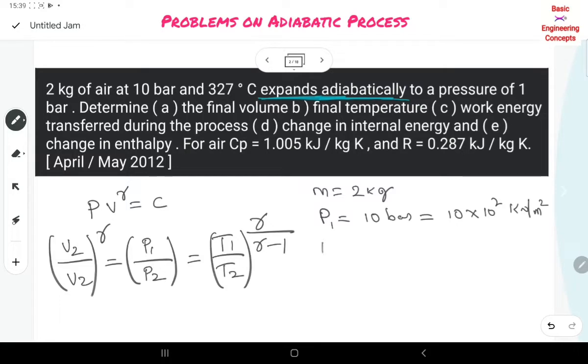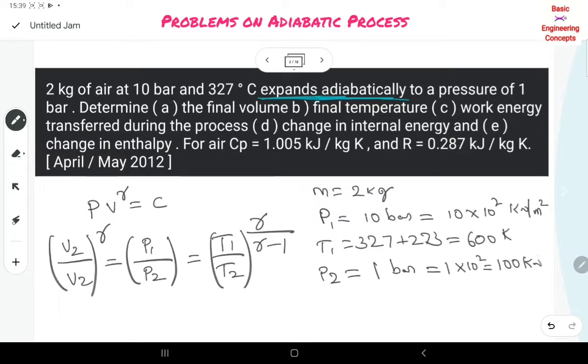Next, the temperature is 327 plus 273, that is 600 Kelvin. Next, the pressure is expanded to 1 bar. 1 bar is equal to 1 into 10 square, that is 100 kilonewtons per meter square. This is the data. Now the remaining data, Cp and R, is also given.